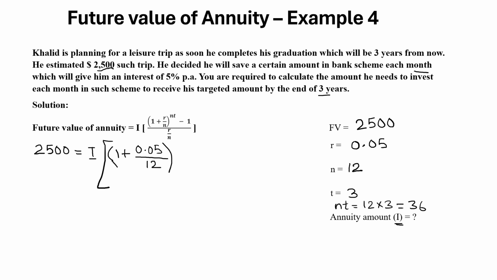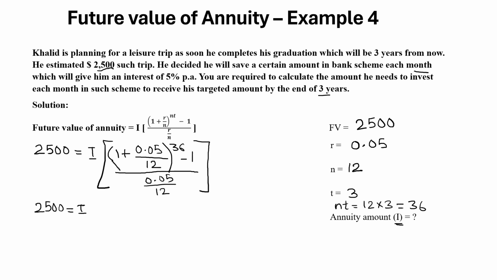NT is 12 multiplied by 3, it is 36, minus 1, close the bracket. Again, divide this by R, rate of interest 0.05, divide by N, which is 12. Now just pay attention, the same thing you should remember as I told you before. 2500 is equal to I.